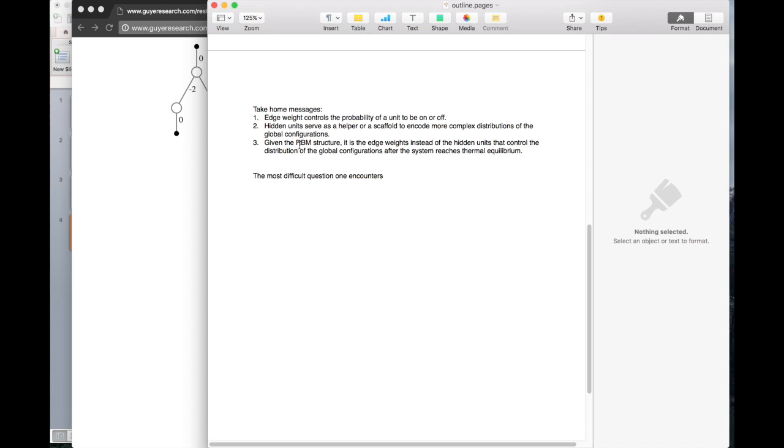And given the RBM structure, it is the edge weights instead of the hidden units that control the distribution of the global configurations after the system reaches thermal equilibrium. So it's not the hidden units that control the distribution, because hidden units are stochastic. How could stochastic things encode some stationary distribution? I think these are the most difficult concepts one will encounter when learning the restricted Boltzmann machine, and I hope the video is helpful.